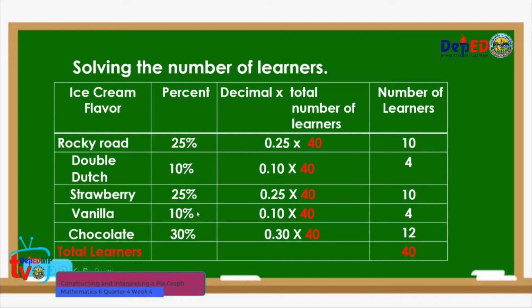Change this 10% to decimals, and it becomes 10 hundredths. Then multiply it to 40, and that is equals to 4 learners. Chocolate has 30%. Change this 30% to decimals and it becomes 30 hundredths. Then multiply it to 40 and that is equals to 12 learners. Now if you add all these numbers here, the total is 40.